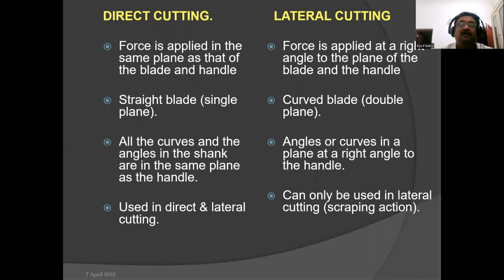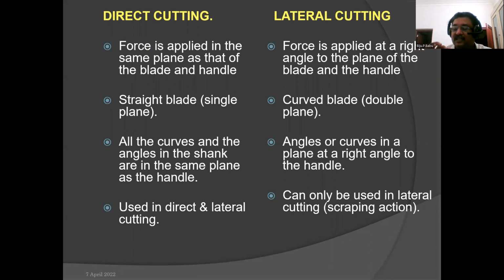Now coming to two terminologies which are more commonly used: the direct cutting or lateral cutting instrument. In a direct cutting instrument, force is applied in the same plane as that of the blade and handle.